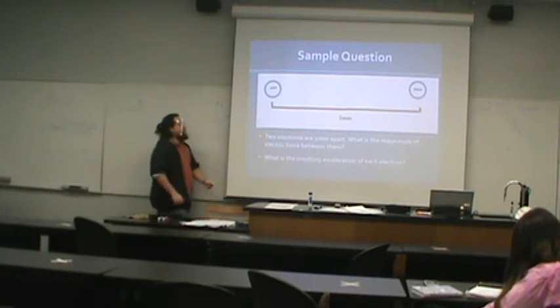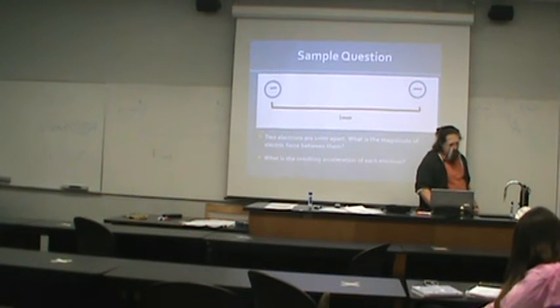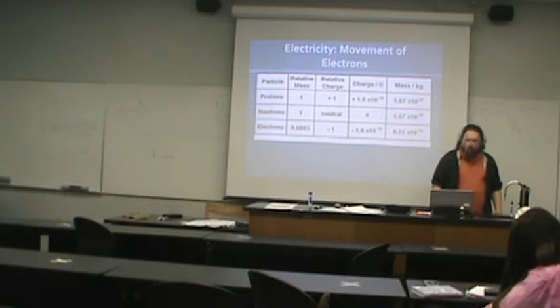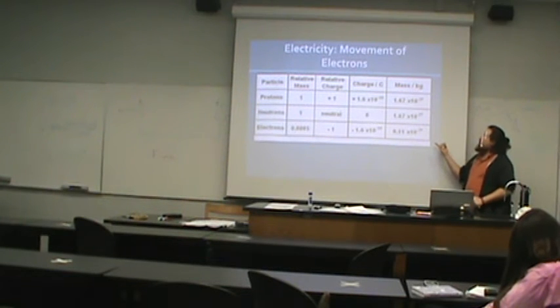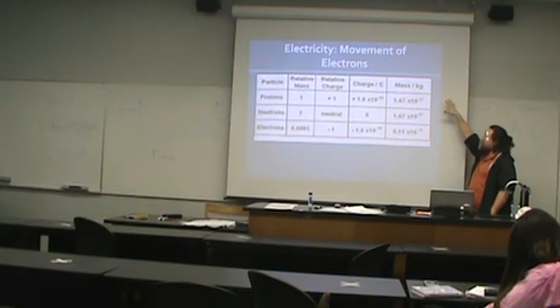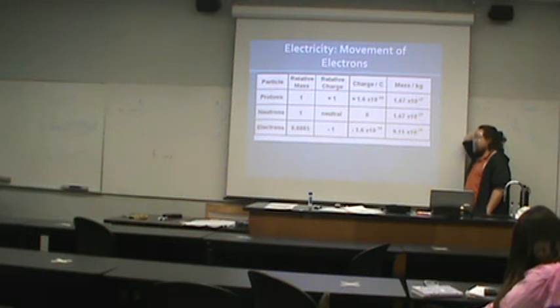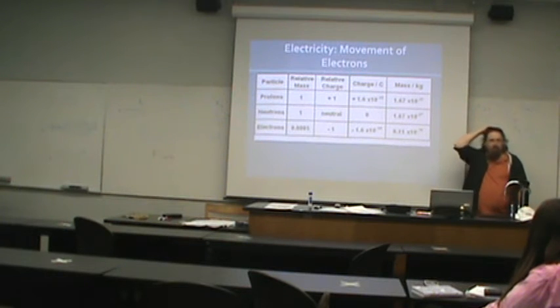And I don't remember this next number as well, so I'm going to tab back to the chart. Mass of an electron in units of kilograms. If you're used to grams, I apologize. This is in kilograms. 9.11 times 10 to the negative 31.